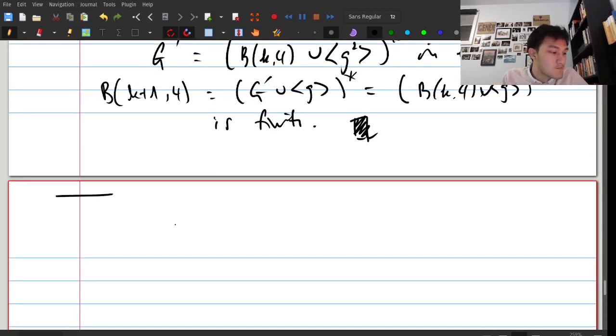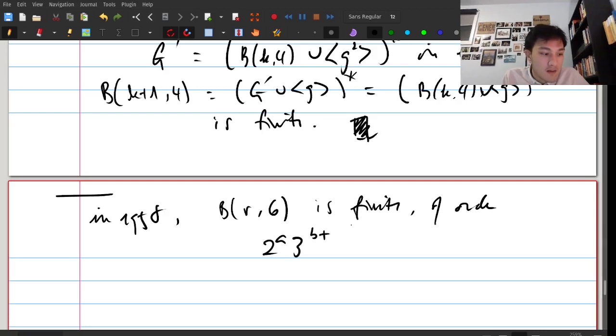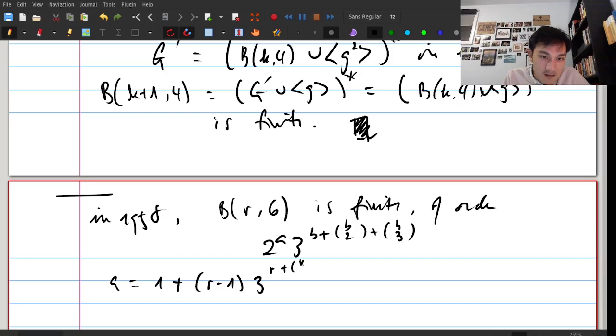Okay, so in 1958, people showed that BR6 is finite of order 2 to the A, 3 to the B plus B choose 2 plus B choose 3, where A is equal to 1 plus R minus 1 times 3 to the R plus R choose 2 plus R choose 3.